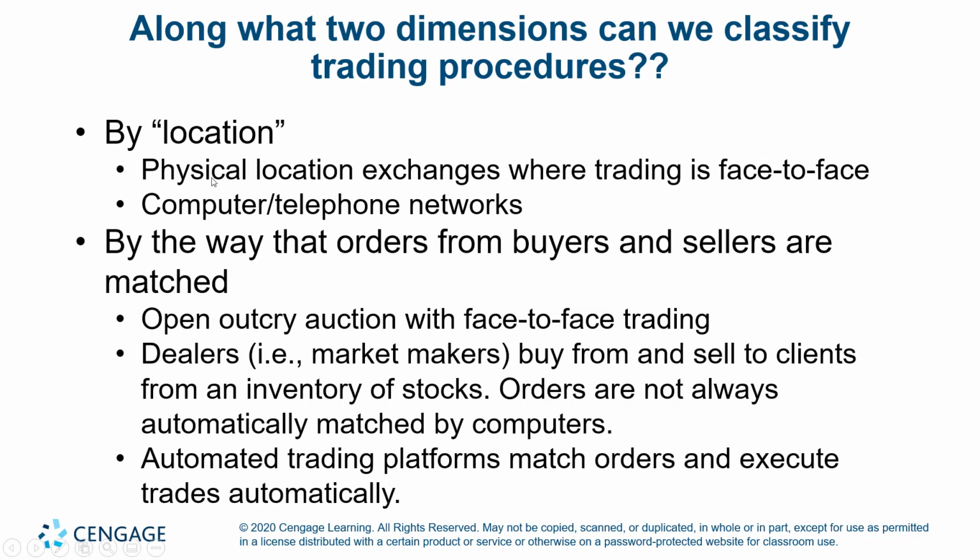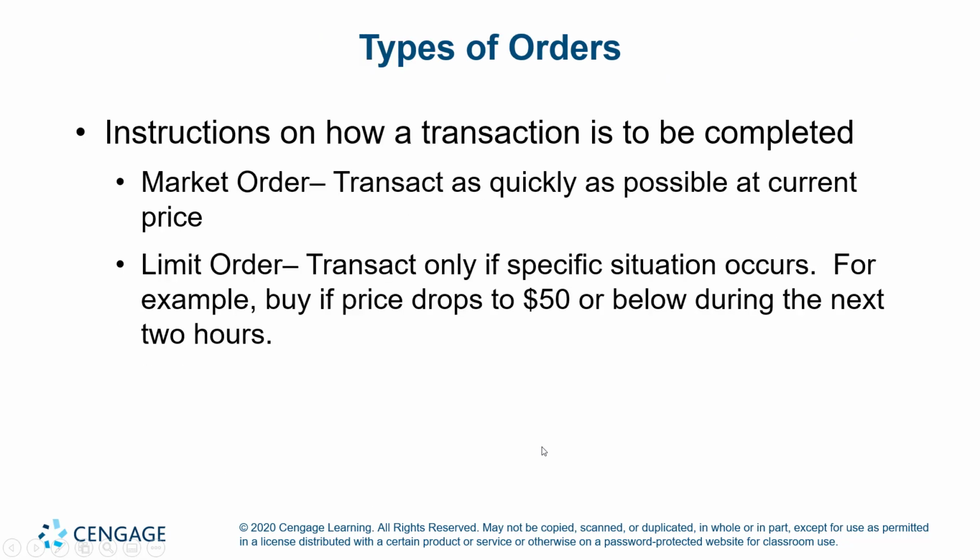On the basis of location, there is a physical exchange where trading is face-to-face, or trading through computer or telephone networks. By way of orders, there is open outcry auction where face-to-face trading takes place, dealers who buy from and sell to clients, and automated trading platforms where orders are matched and executed automatically.